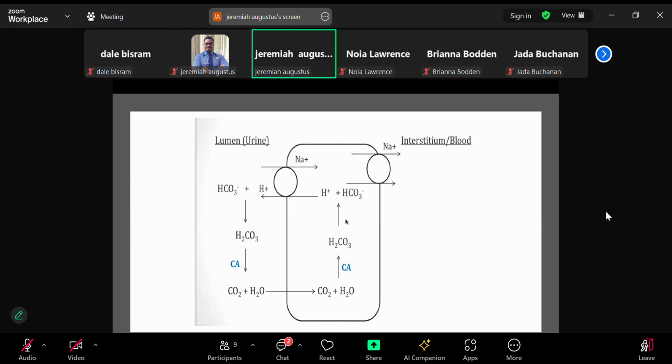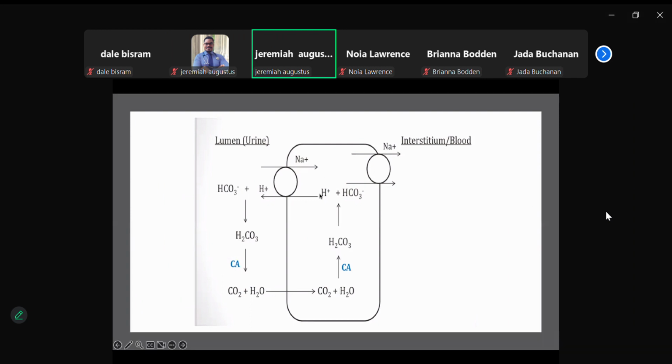So what happens is that there's a sodium-hydrogen exchanger. Every time sodium moves in, it pumps out a hydrogen ion into the urine. When that goes out in the urine, it combines with bicarb to form H2CO3, carbonic acid.